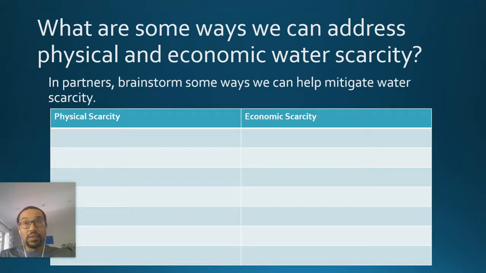But by reducing the overall demand, using less water, you ease the pressure on the water supply. Whereas with economic scarcity, again, this is often a political problem that goes hand in hand. You need interventions to make sure that access to water is more equitable, and that's often a political issue that's harder to solve from afar.